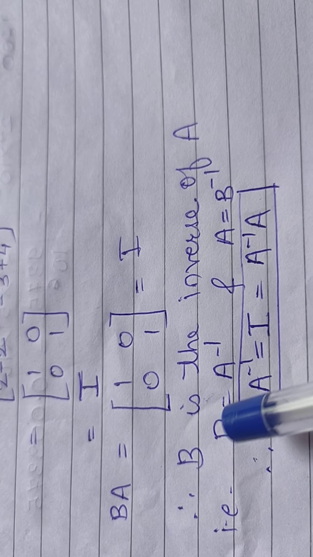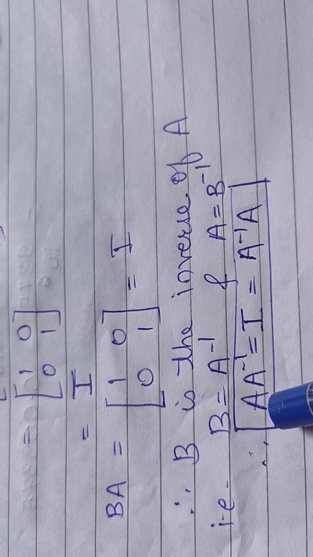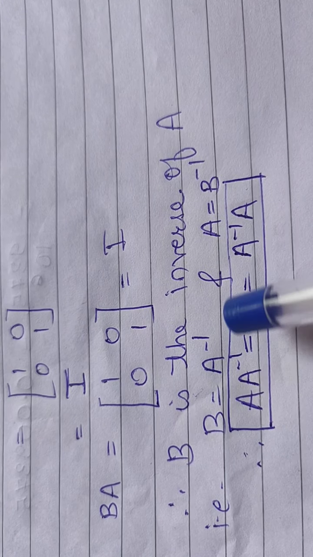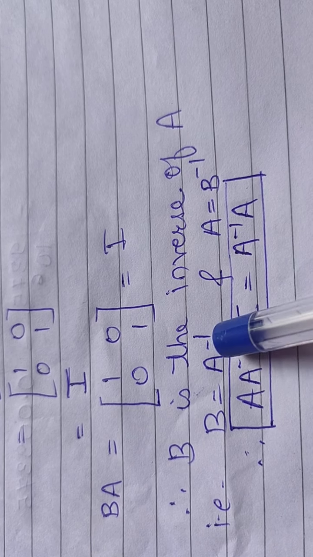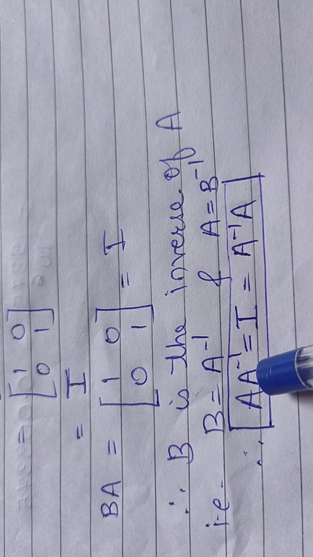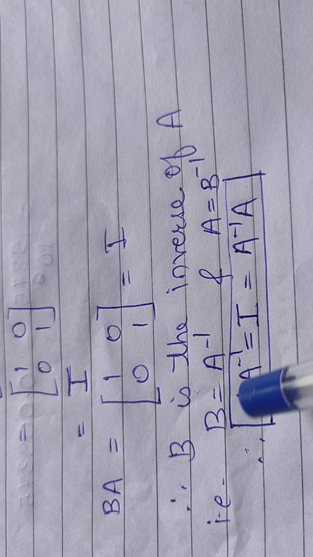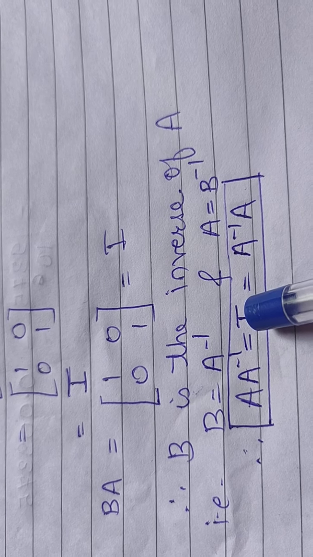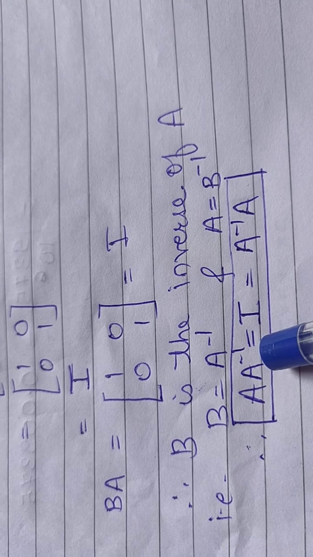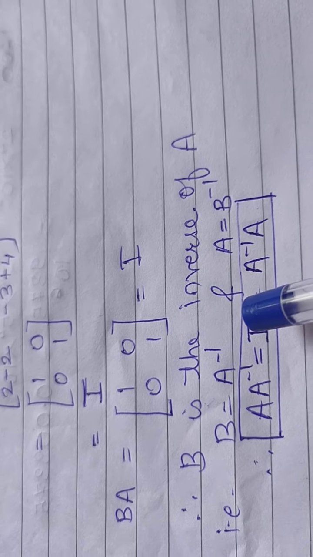And if we replace that B by A inverse, then we get the relation A into A inverse is equal to I. So if we take the multiplication of the inverse of the matrix with matrix A, we get the identity matrix. So A into A inverse is equal to identity.